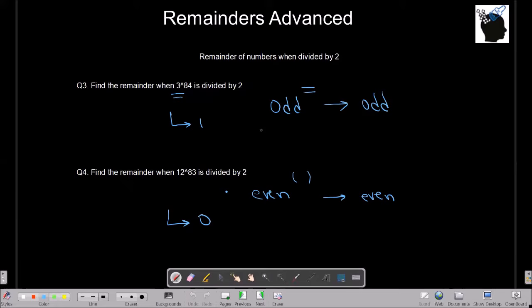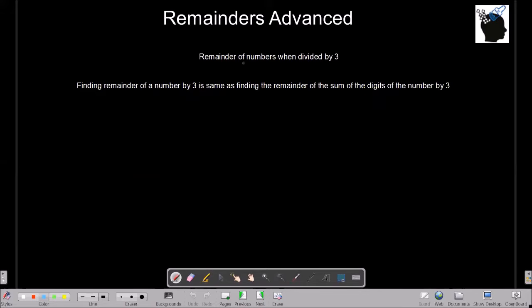Now let's see how can we find remainders of numbers when we are dividing them by 3. So when we are dividing a number by 3, then finding the remainder is same as finding the remainder of the sum of the digits of that number by 3. Let's take an example. So let's say I'm trying to divide 123 by 3.